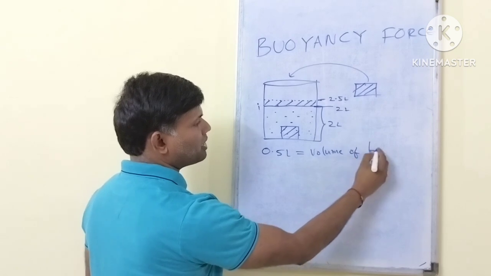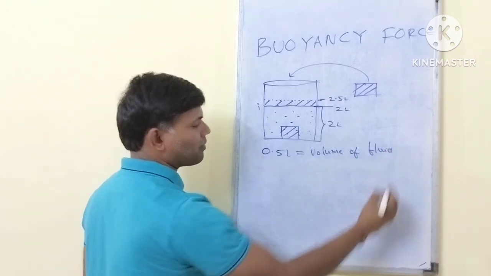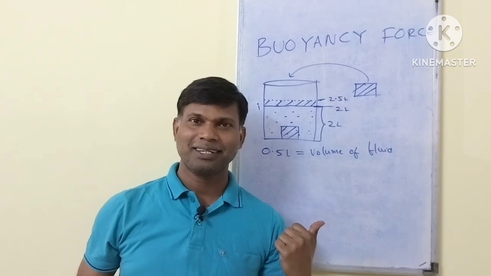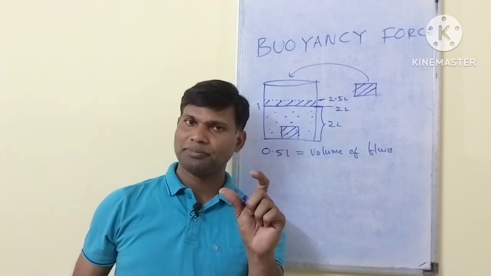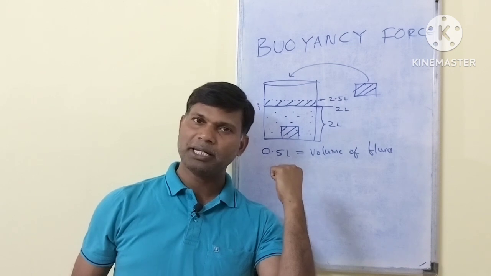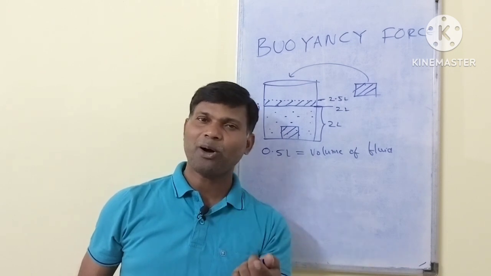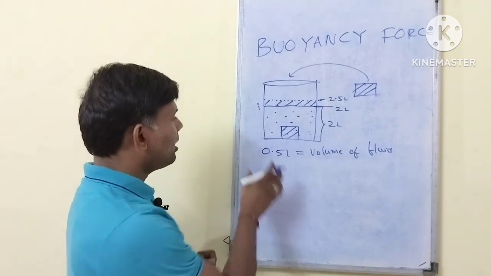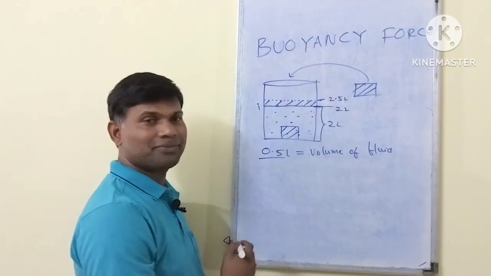This is the volume of fluid displaced by the object. You know the volume, you know the density of the fluid, so you can find the mass of this fluid.